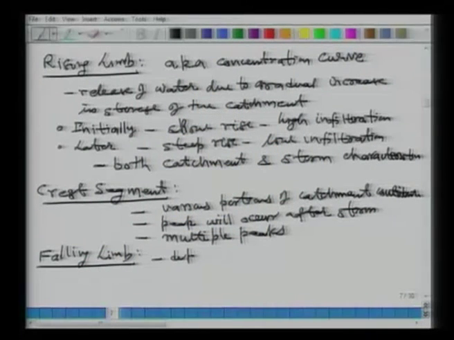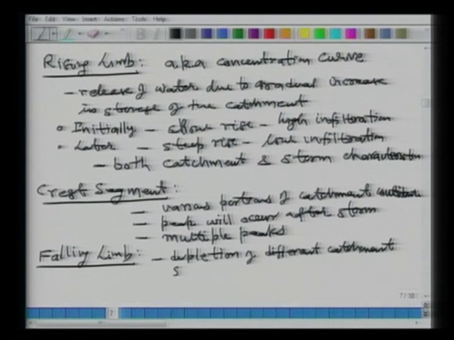So, basically you have depletion of different storages, which is contributing water on the falling limb of a storm hydrograph.